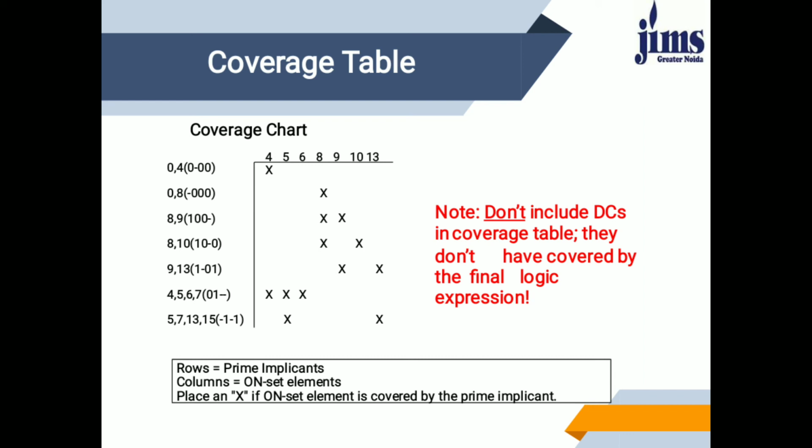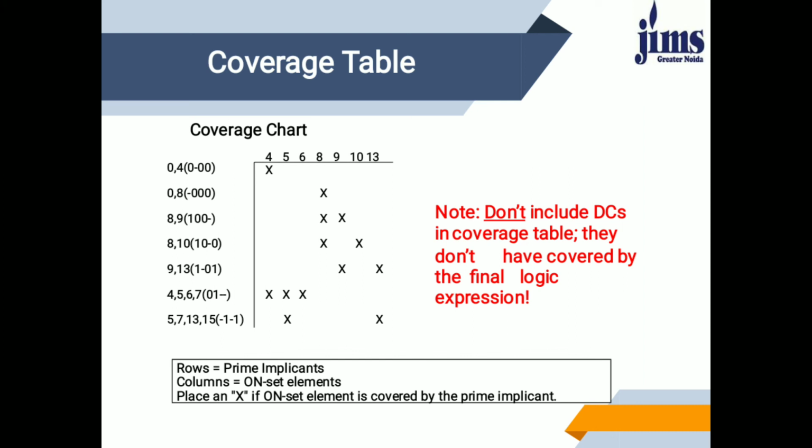Here we need to remember that we don't write don't care conditions in the coverage table. They don't have to be covered by the final logic expression. Here crosses were marked for 0, 8 and for 0, 4.